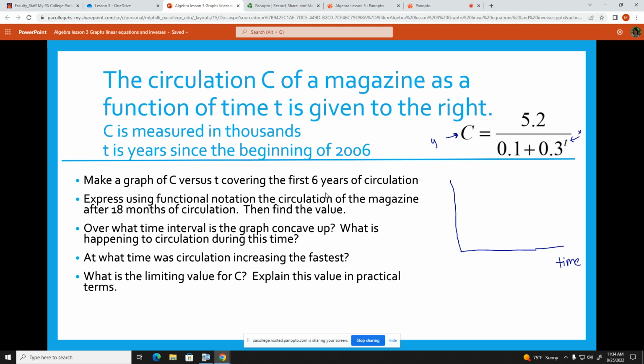And it says first 6 years since 2006. So I can label these 1, 2, 3, 4, or I can label these 06, 07, 08, 09, 10, 11, 12. And I know that the circulation here, this is the C, equals circulation.